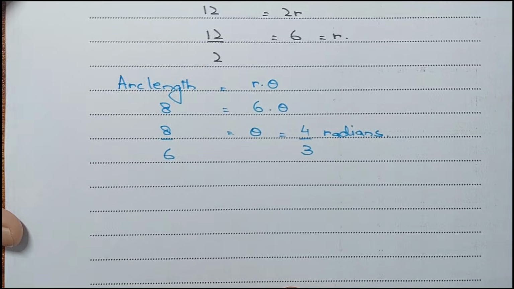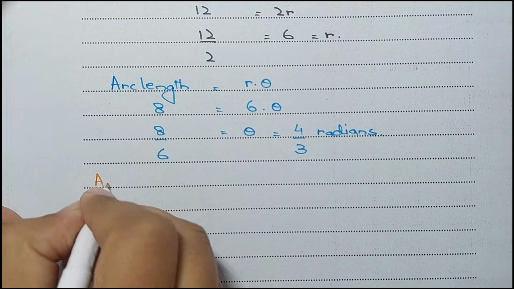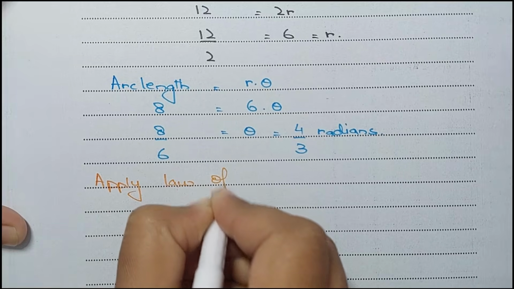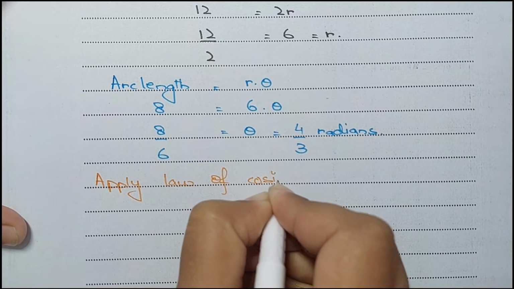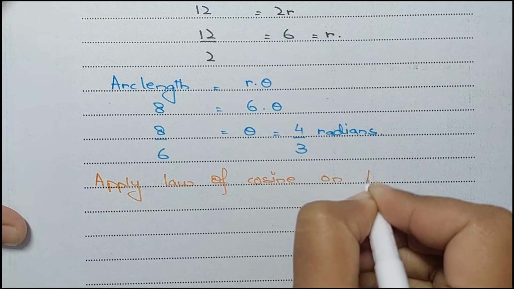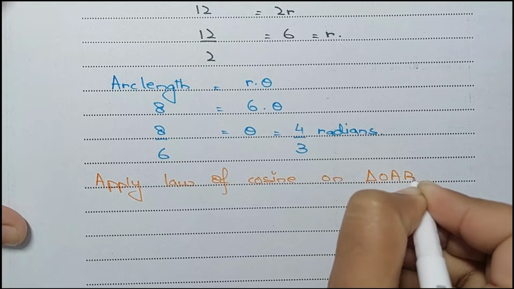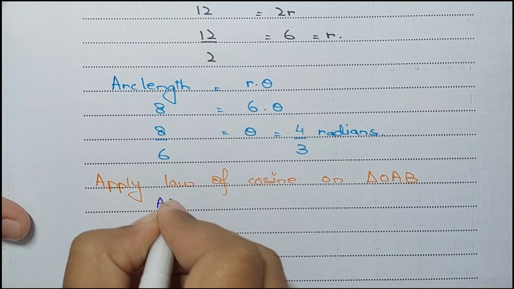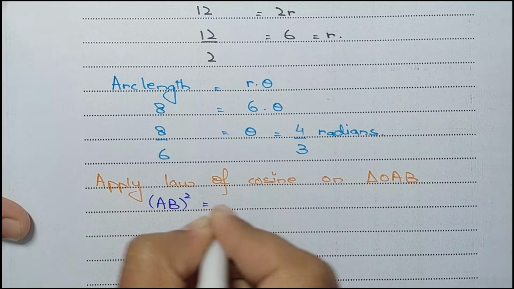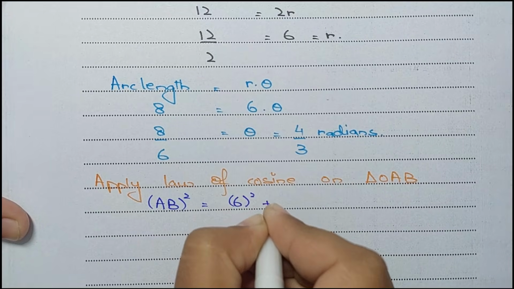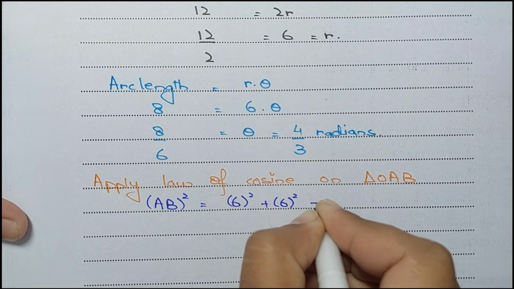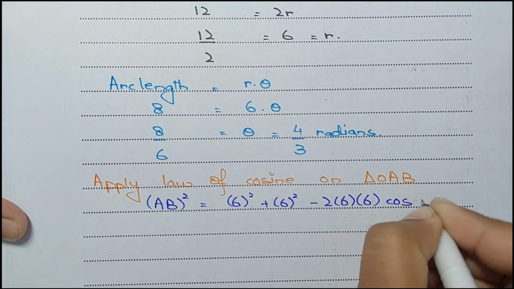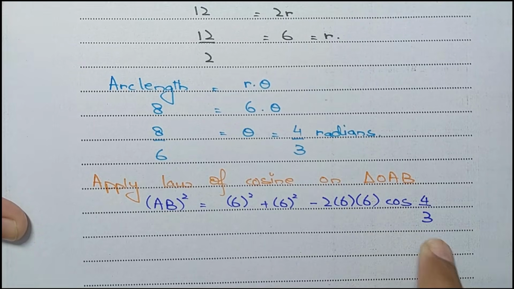Now we can apply the law of cosine on triangle OAB. So the side length AB squared equals 6 squared plus 6 squared minus 2 times 6 times 6 times the cos of the angle between the two sides, which is 4 by 3. This is in radians.